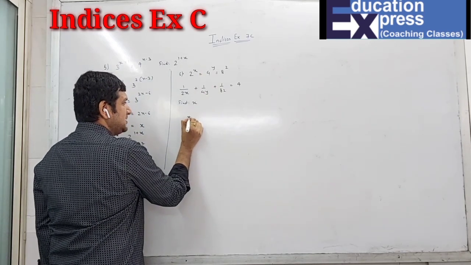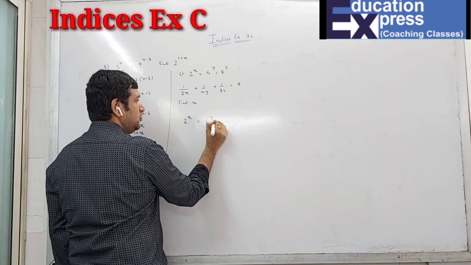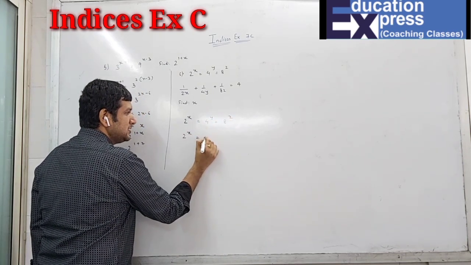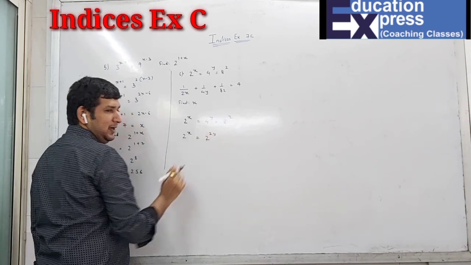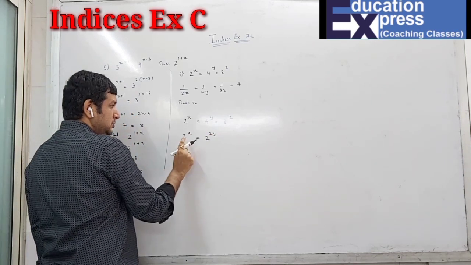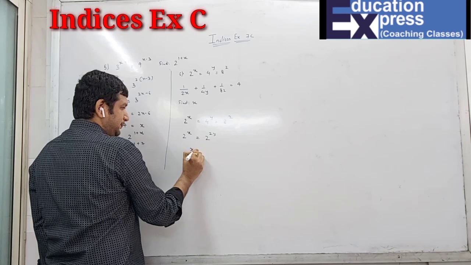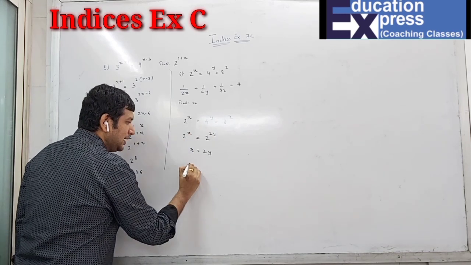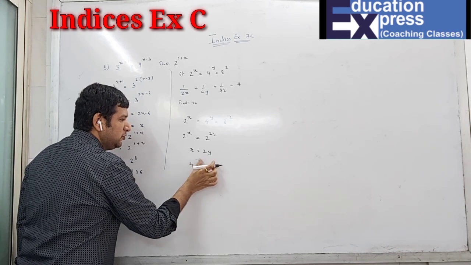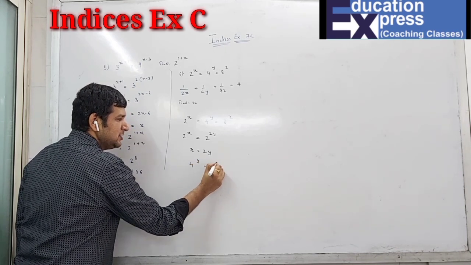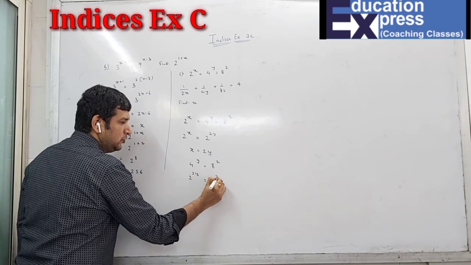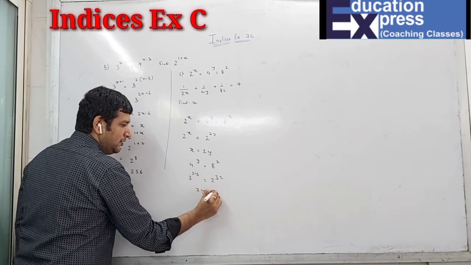2 raised to X is equal to 4 raised to Y is equal to 8 raised to Z. So 2 raised to X is 2 square raised to Y. I'll take two at a time. So now the bases are the same. X is 2Y. Similarly, I'll take 4 raised to Y equals 8 raised to Z. So 2 square equals 2 cube, and hence 2Y equals 3Z.